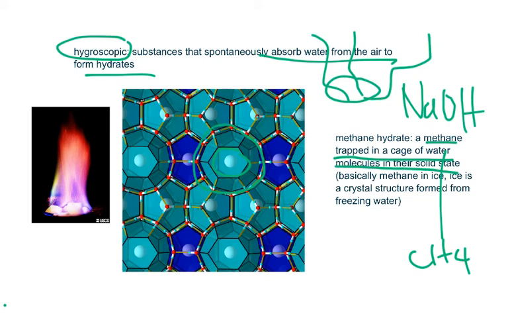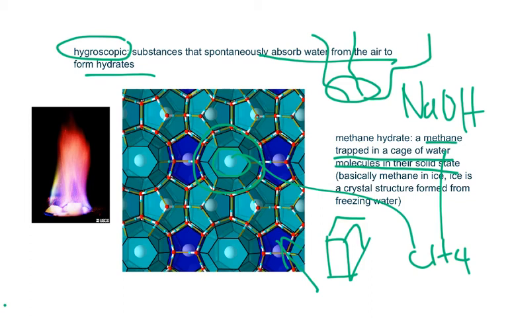So water, when frozen, turns into ice, and ice is a crystalline solid. So it forms intricate crystalline structures that are very organized, such as the one over here. And sometimes they are able to trap these methane molecules in them. So that's what a methane hydrate is.